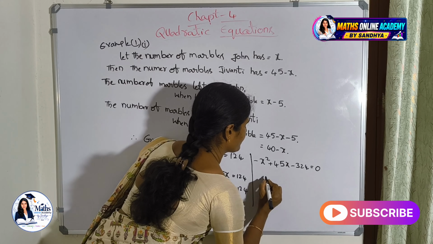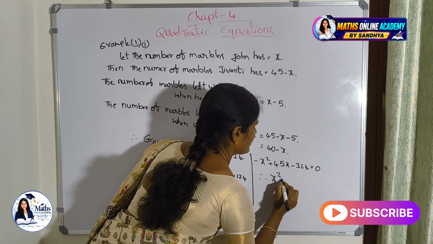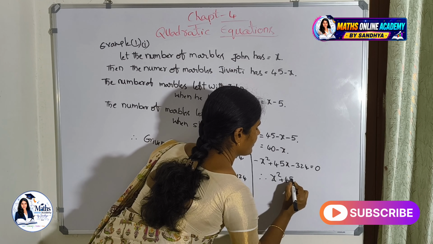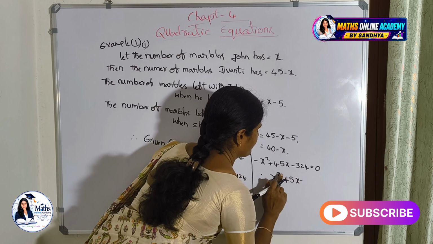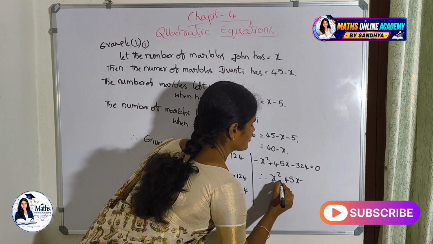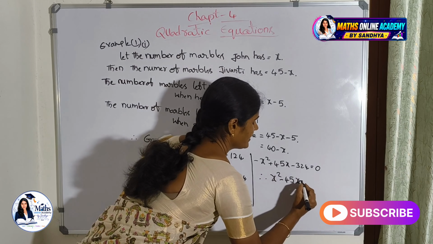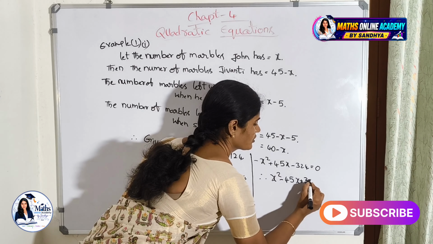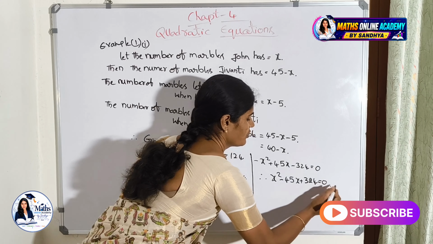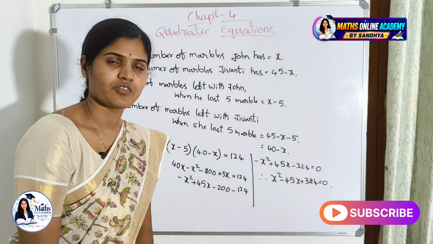If you simplify, taking minus common, x square minus 45x plus 324 equal to 0. So this is the quadratic equation.